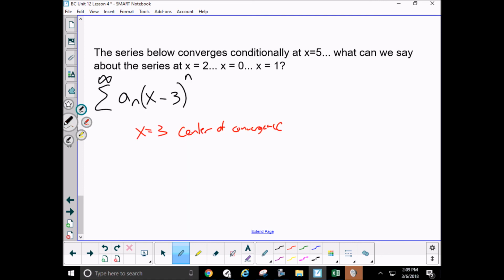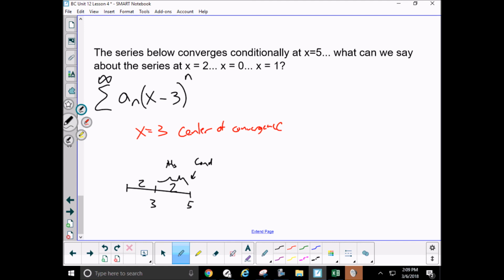Now, talking about the ratio test, we know that if you have your center at 3 and at 5 we had conditional convergence, well, everywhere in between is going to be absolute convergence. Which means we have a radius of 2.